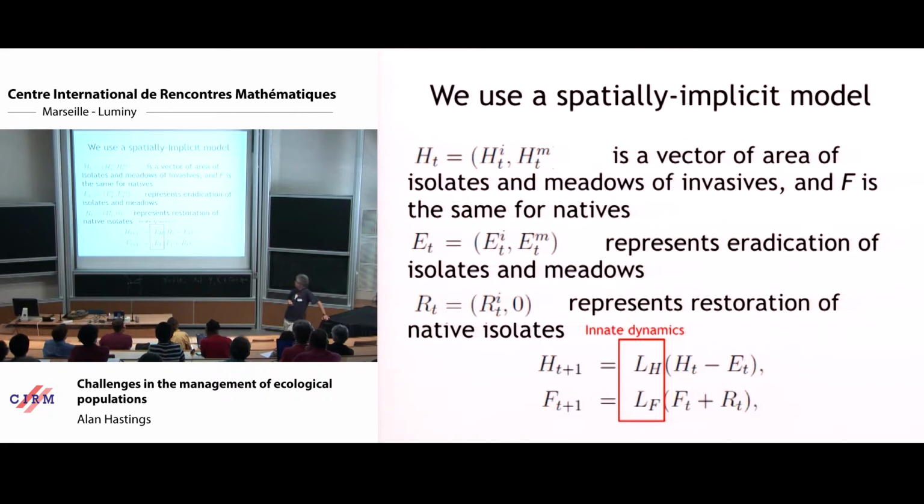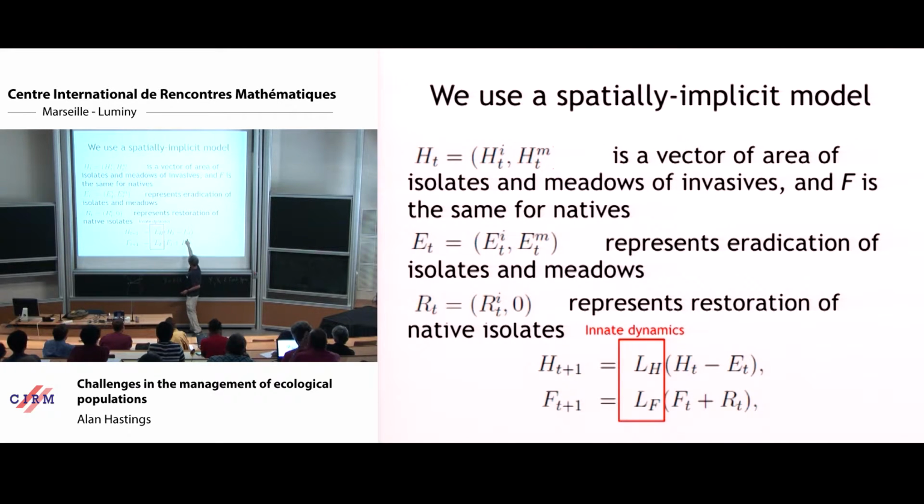And once again, we can use a spatially implicit model. We have a vector of the area of the isolates and meadows. We've got the eradication, we've got the restoration, and then we've got the innate dynamics here.